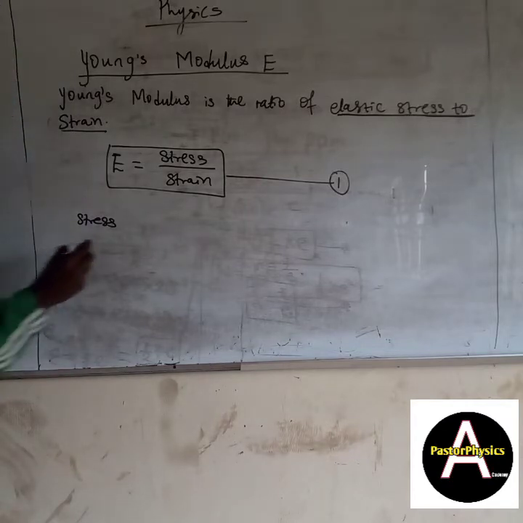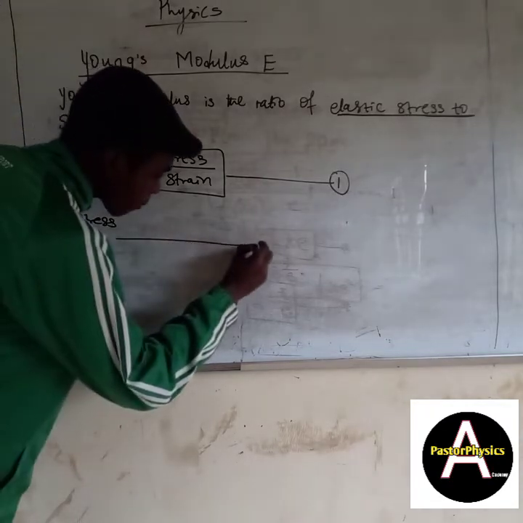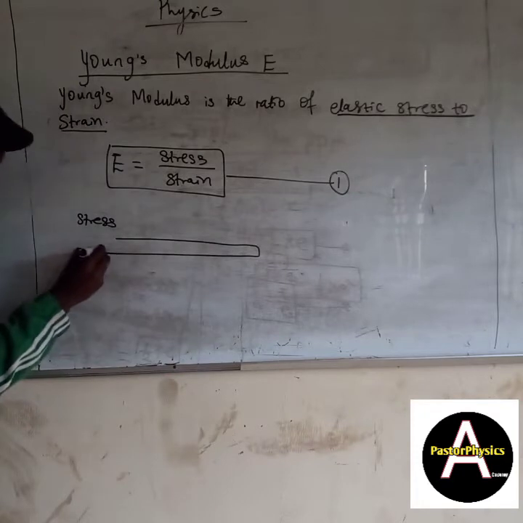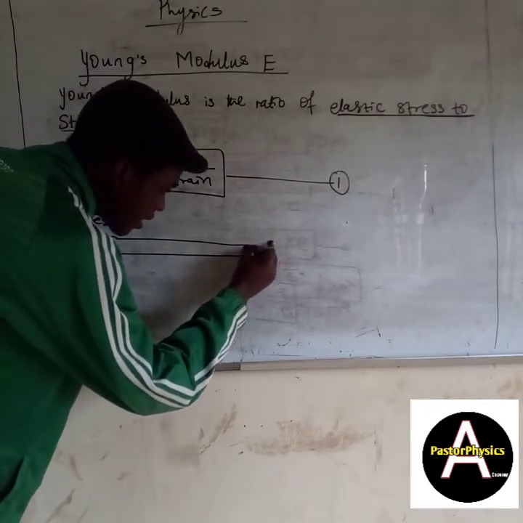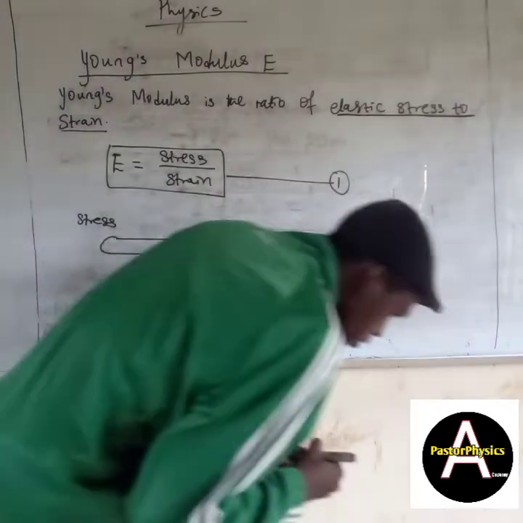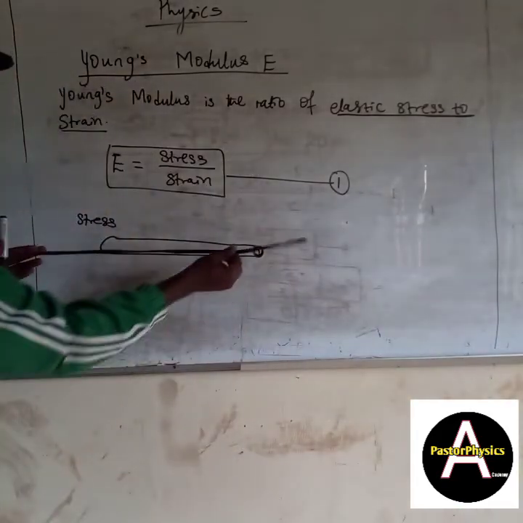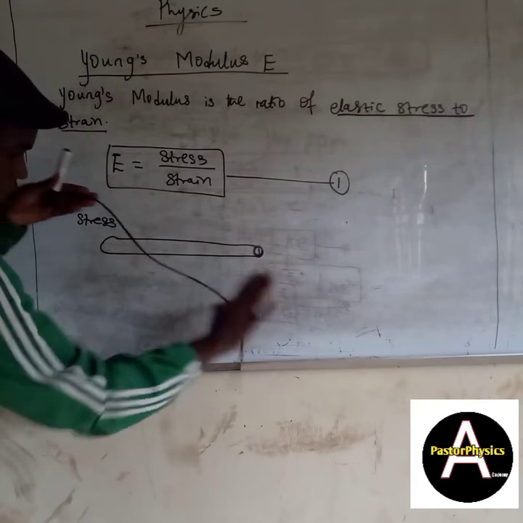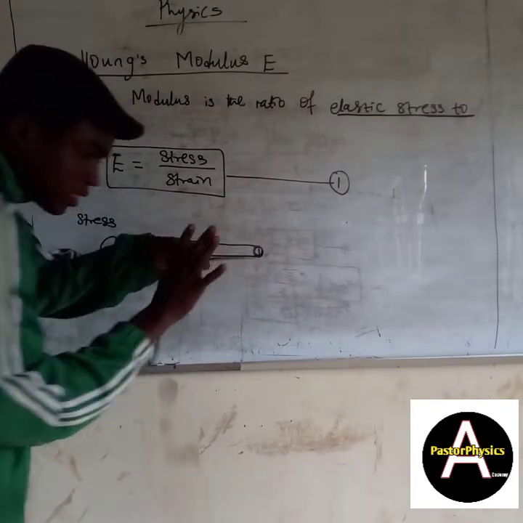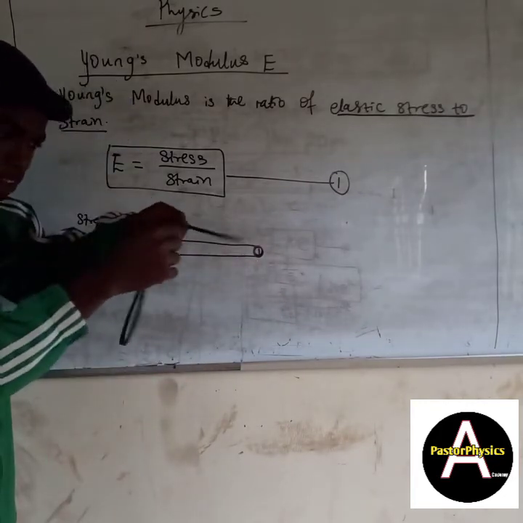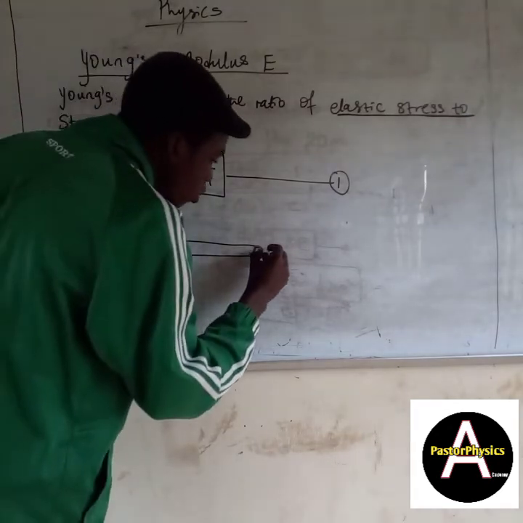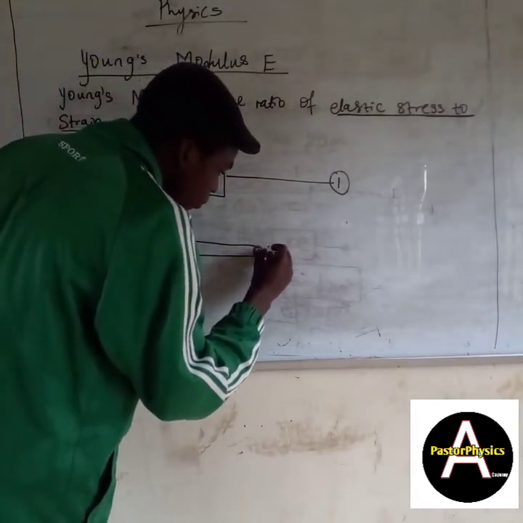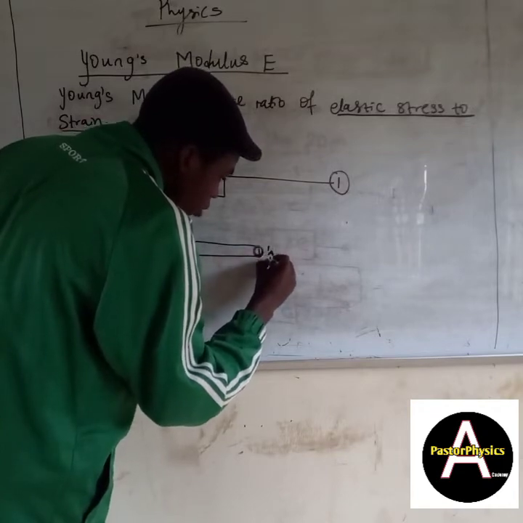What is stress? If I take a rubber like this, the surface, this area here, I'm not referring to the area of the body, I'm referring to this side. This area here is called cross-sectional area.